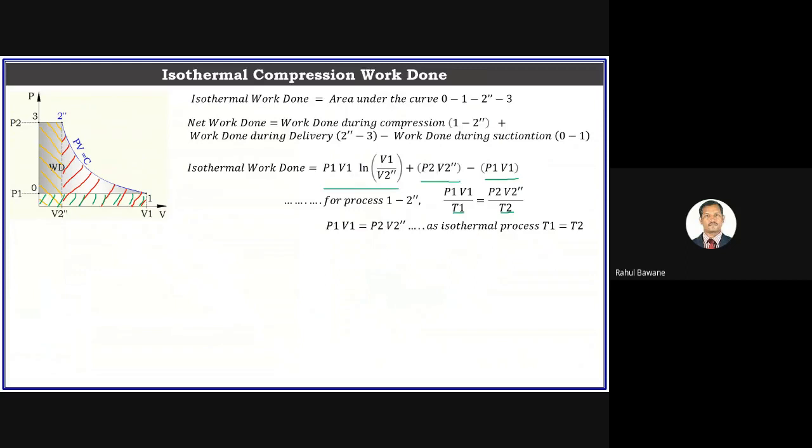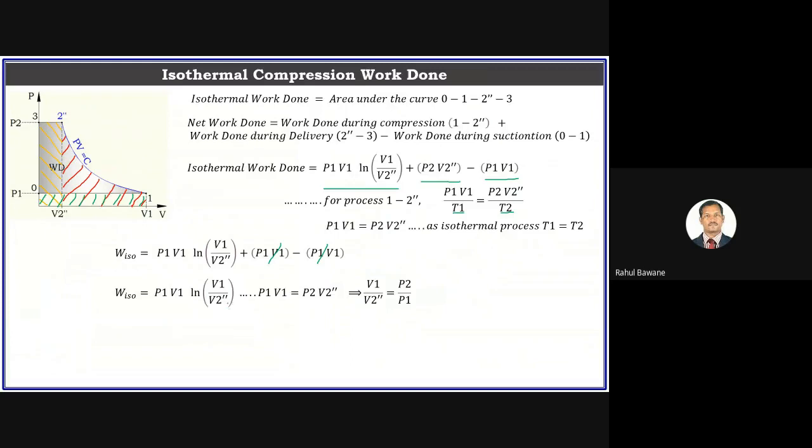It means we can replace either P2 V2 double dash by P1 V1, or P1 V1 by P2 V2 double dash. So we are replacing the value here. So now plus P1 V1 minus P1 V1 gets cancelled. So the net work done when compressing air by the isothermal process, our formula is P1 V1 ln of V1 upon V2 double dash.